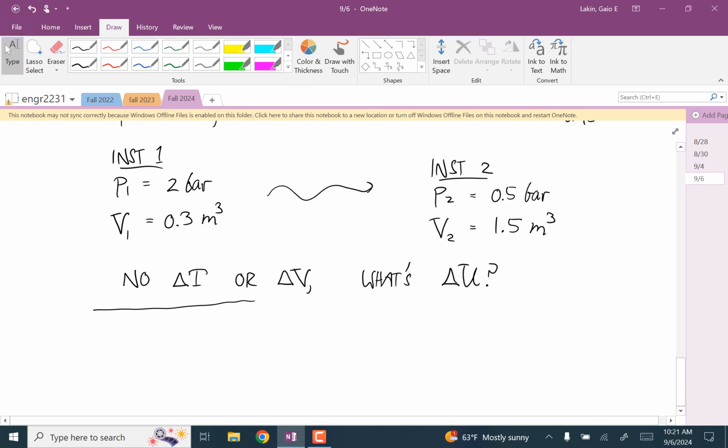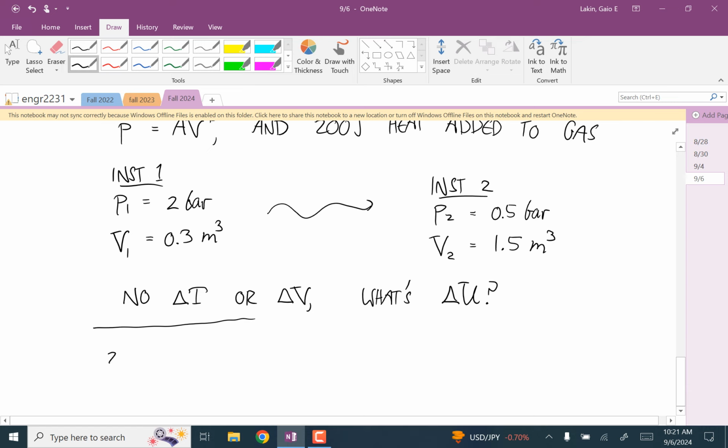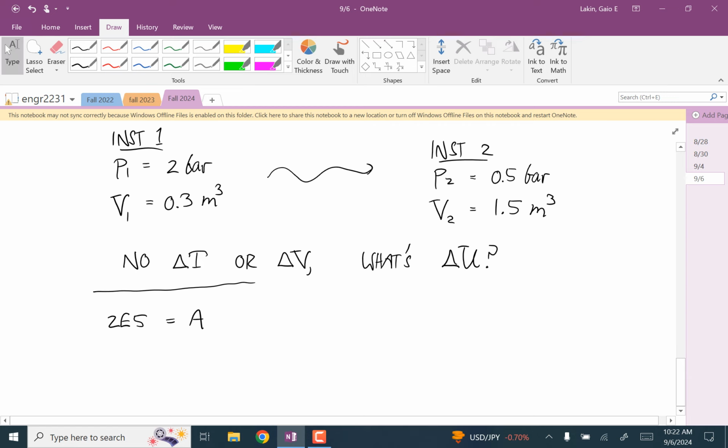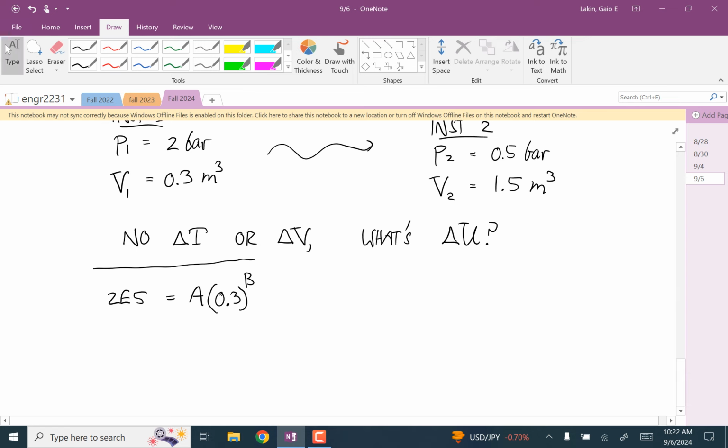Okay, so let's come up with our two equations and solve this system. We know that 2 bar, or 2 times 10 to the 5th pascals, is equal to A times 0.3 to the power of B. I am going to use the logarithm rules.